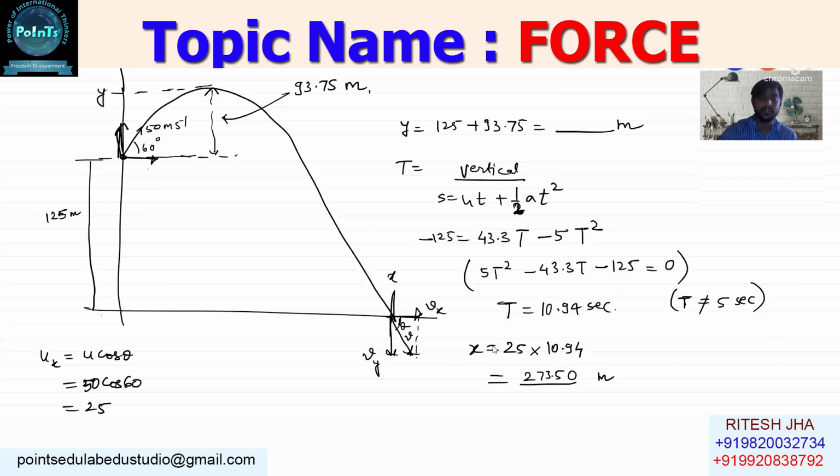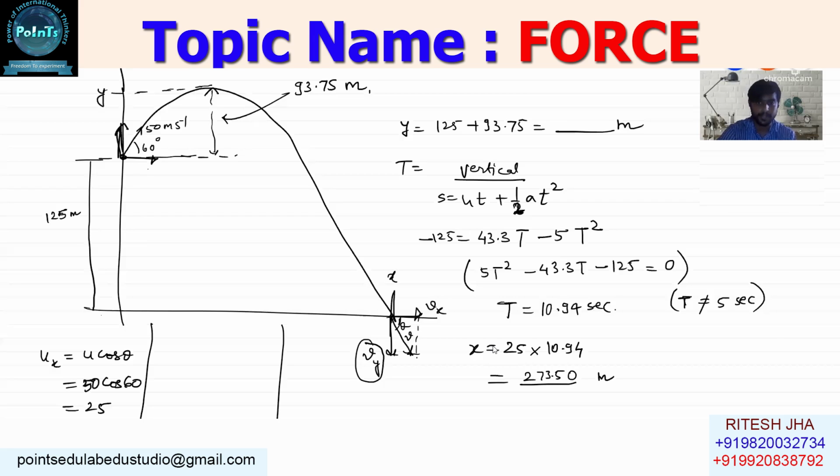Now, how will you determine the value of Vy? Okay, so we know acceleration is minus 10 and time is equal to 10.94.